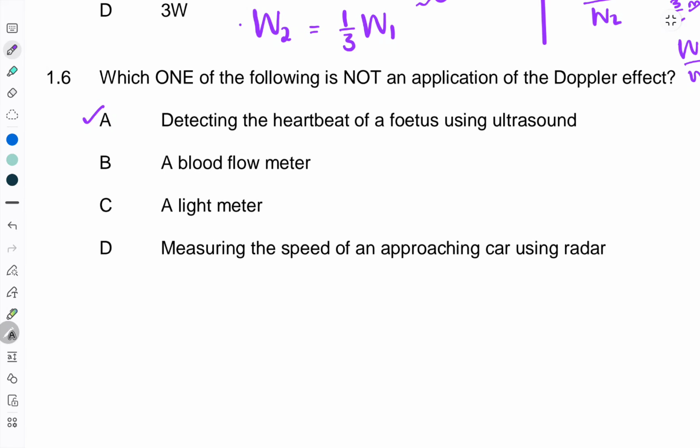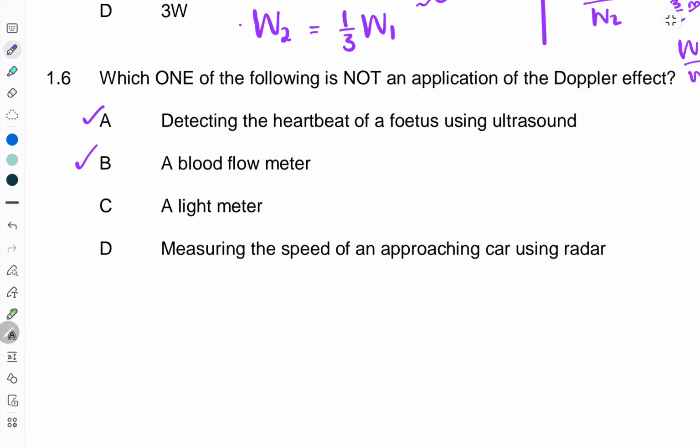Yes, if you remember from your notes, blood flow meters use the principle of the Doppler effect to show how fast your blood is traveling in your blood vessels, the rate of flow of your blood through your blood vessels. So that one, yes, it's true.